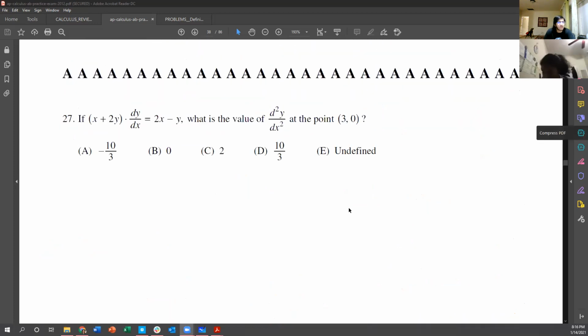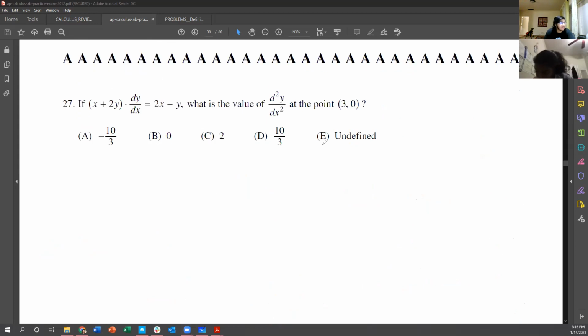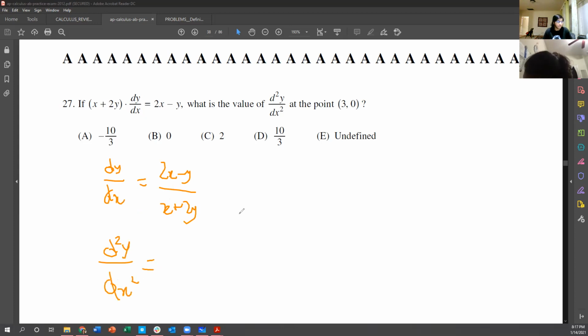Okay, 27. We took a quick glance at this, but if this times dy dx equals 2x minus y, what's the second derivative? I'm going to isolate dy dx first, and I'm going to get 2x minus y over x plus 2y. If you take the derivative of this with respect to x, you're going to get the second derivative of y with respect to x. We're going to have to use quotient rule here, right? So this is going to be a little bit complicated, but that's okay.